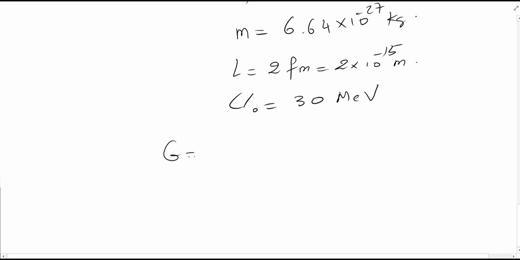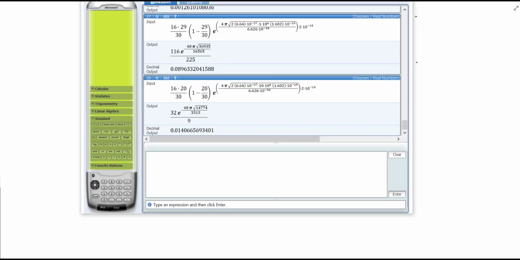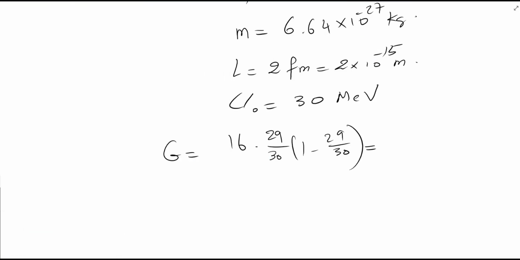So G, first of all, is 16 times, and in this case you don't really need to convert anything, just leave everything the way it is. The energy is 29 divided by 30, times 1 minus 29 divided by 30. Let me put the calculator in here quickly. I trust that you are going to do the calculations with me too. I did these calculations earlier too.